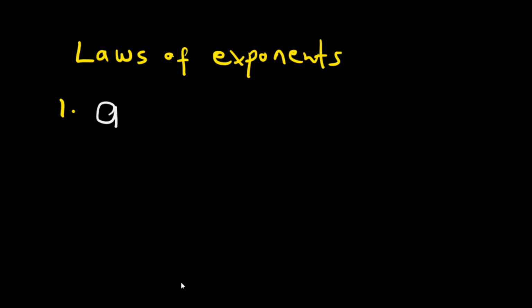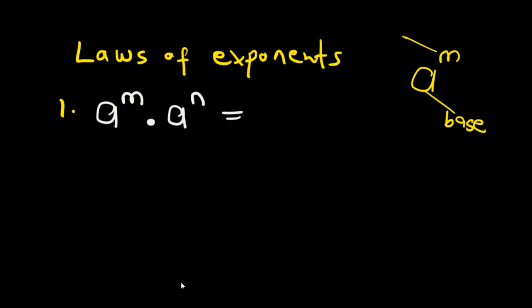a to the power of m multiplied by a to the power of n. The laws of exponents say that if you are having same bases, so the a is actually a base, we call it a base, and then the power m is called a power. So m is called a power.